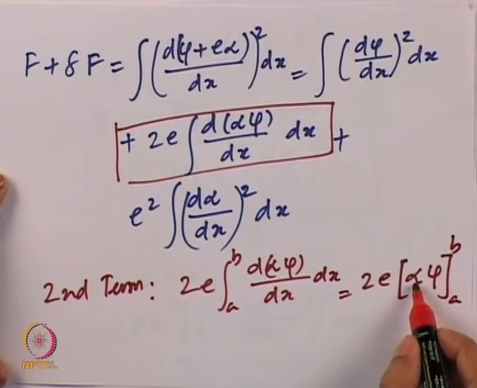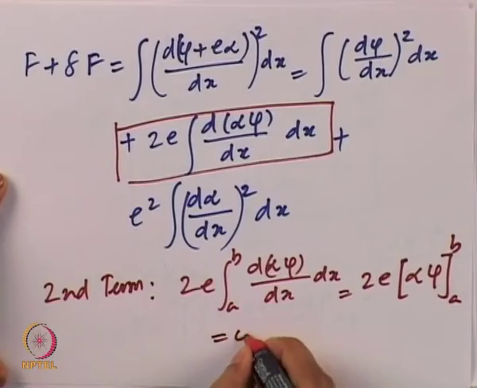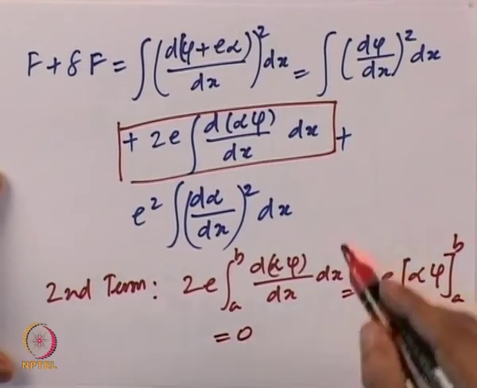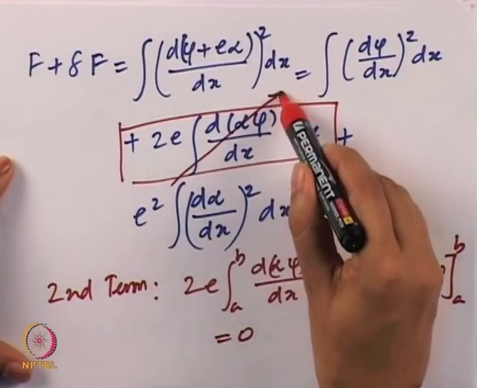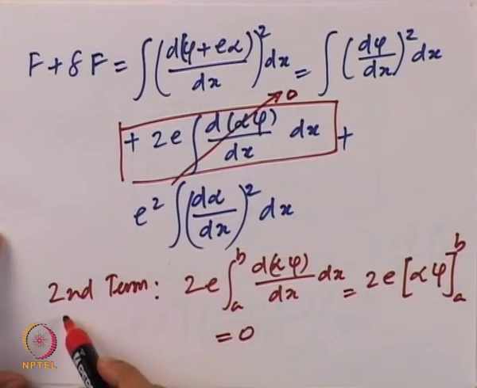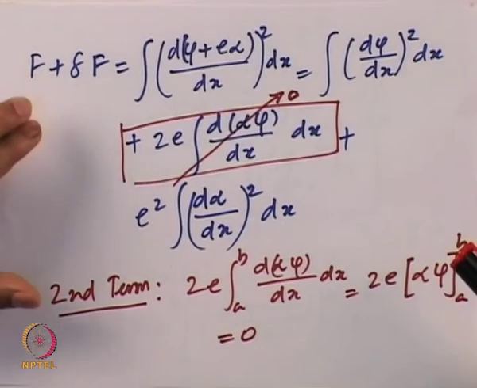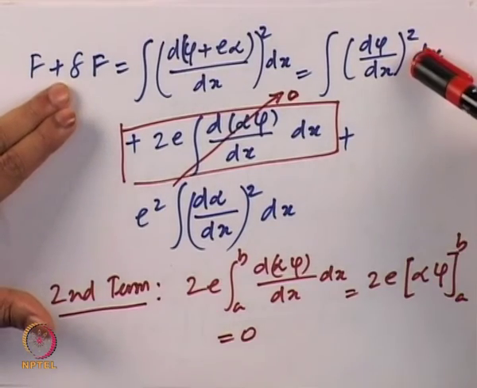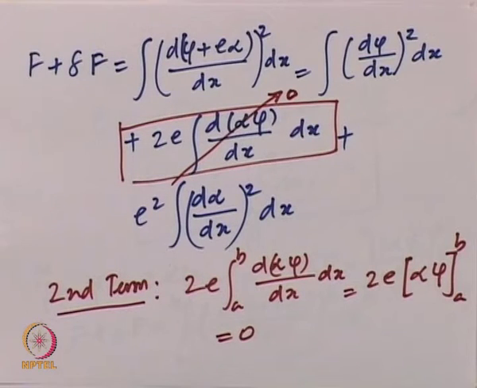Remember, the value of alpha is going to be 0 on both of these endpoints. So our value will become 0 for the second term. That is why we can say this term reduces to 0 because of the reason that we have explained here. So the value of f plus del f is nothing but the first term plus the third term, which we can write once more in an expanded way.